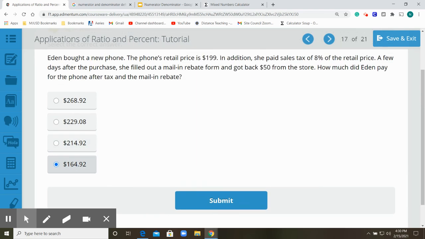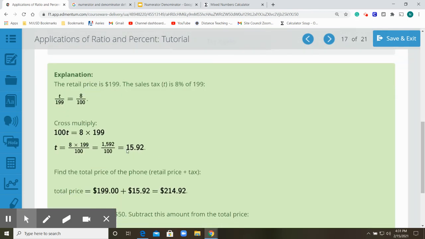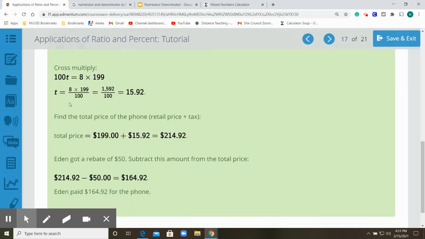It doesn't include the mail-in rebate. So we have to actually subtract that from the 214.92. This happens when we get ahead of ourselves and get tricked and don't finish the problem all the way out. So this shows the cross multiplication process.